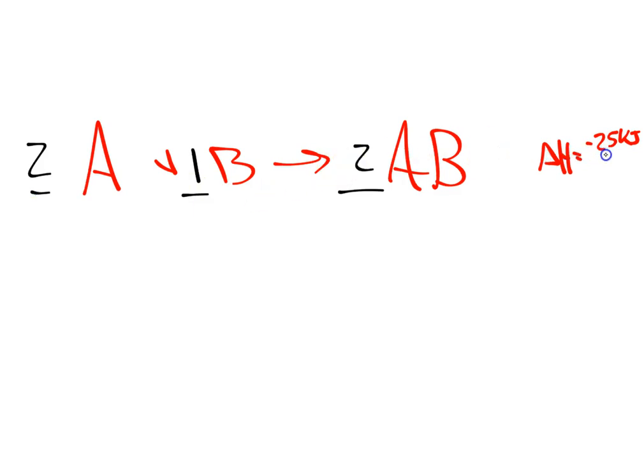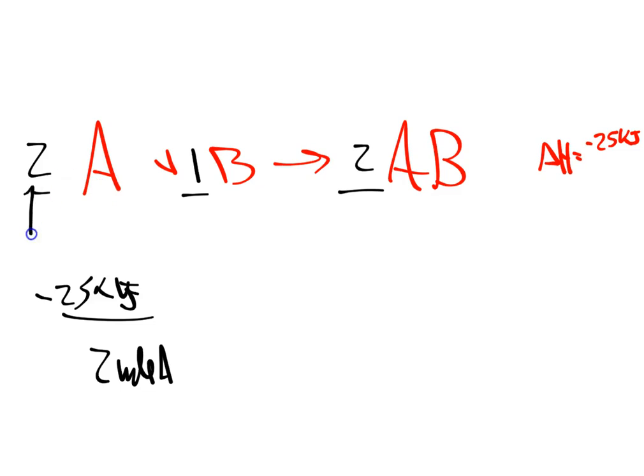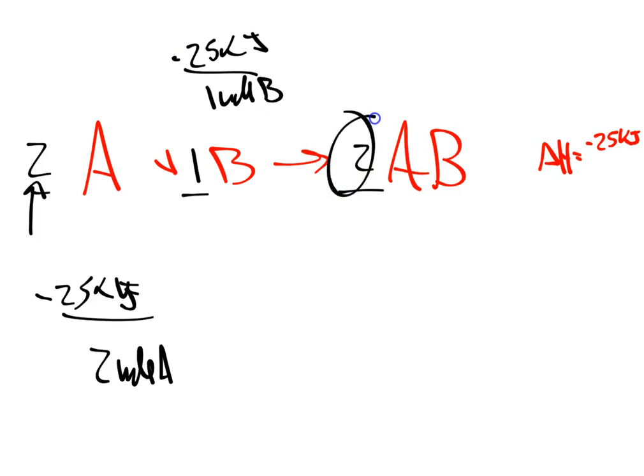Now look right here. This says 25 kilojoules. What that means, it says negative, sorry. That means it would be negative 25 kilojoules for every, that's supposed to be J, 2 moles of A. Tell your lab partner where the 2 came from. Right here, right? It means it's negative 25 kilojoules per every 1 mole of B. And how many for AB? 2.